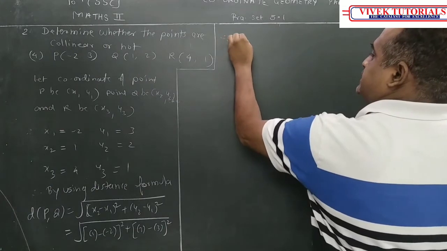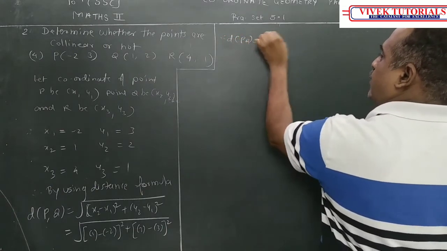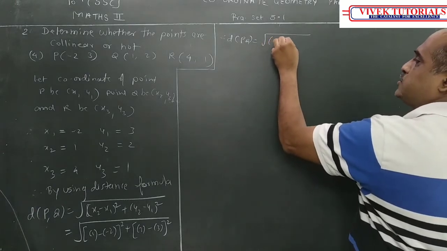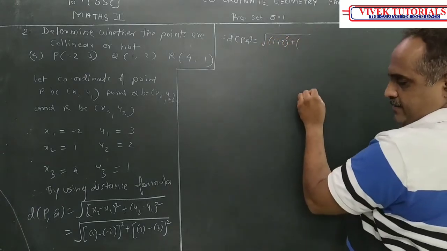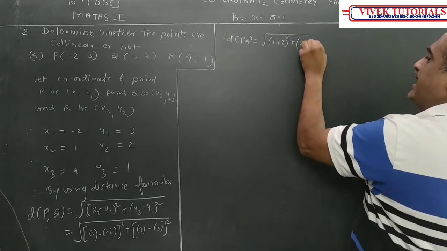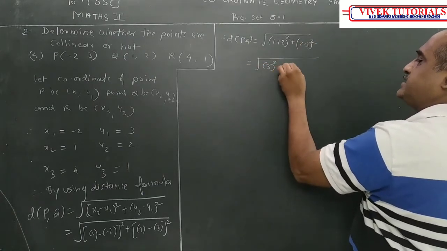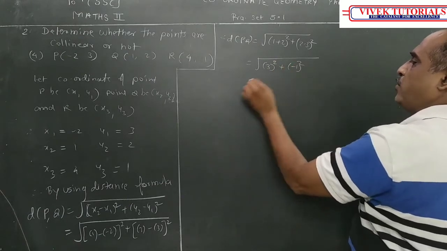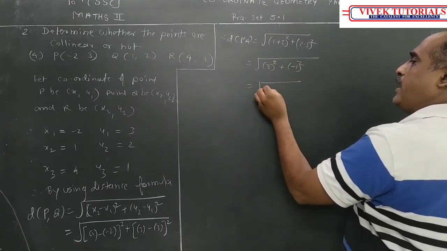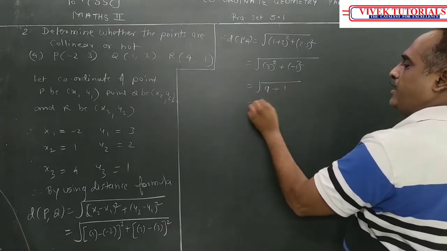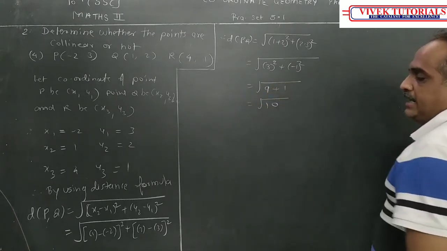Therefore, distance PQ is equal to 1 plus 2 the whole square and 2 minus 3 the whole square, which is 3 square plus -1 square. 3 square is 9 and -1 square is 1. We are getting root 10.